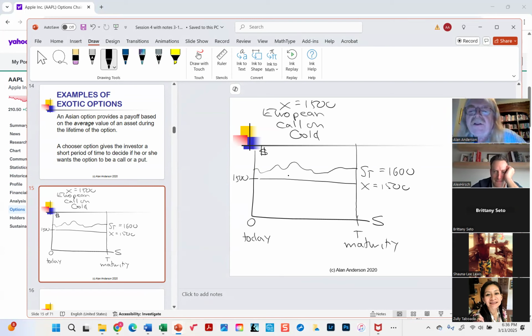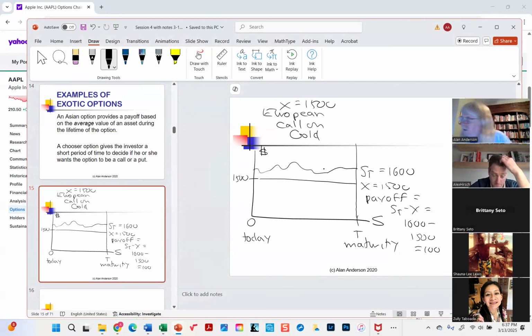So on the final day of trading of this European option, the price ends up at 1,600, whereas my strike price is 1,500. So I've got what's called a payoff equal to the difference between the two, which means $100. So because it's a European option, the value depends 100% on this number compared to this number. The fact that the gold price bounced around like that has no bearing on its value.